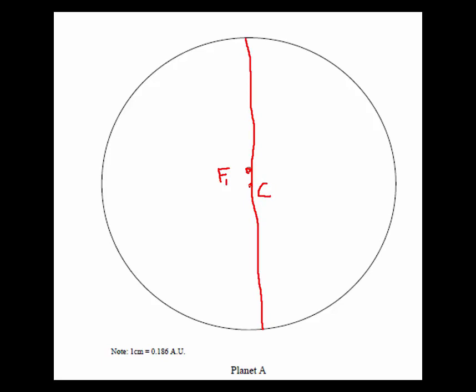And what is the distance CF1 called? What is the distance of the focal point from the center? That is the focal length, lowercase f. And what is this distance called?